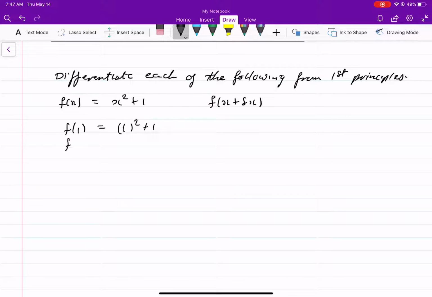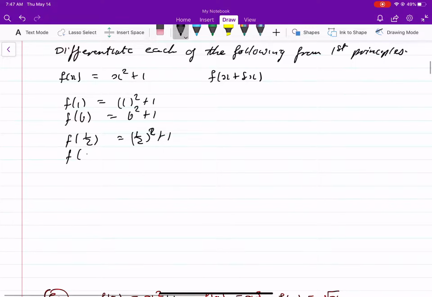If I wanted f of 6, you would plug in 6 wherever you see x. 6 squared plus 1. If I wanted f of a half, you'd plug in a half wherever you see x. A half squared plus 1. If I wanted f of a, you'd plug in a wherever you see x. A squared plus 1. If I wanted f of a plus b, you'd plug in a plus b wherever you see x. A plus b all squared plus 1.